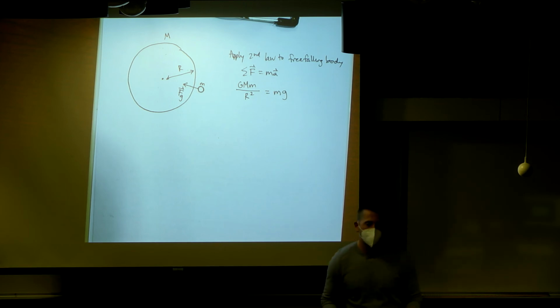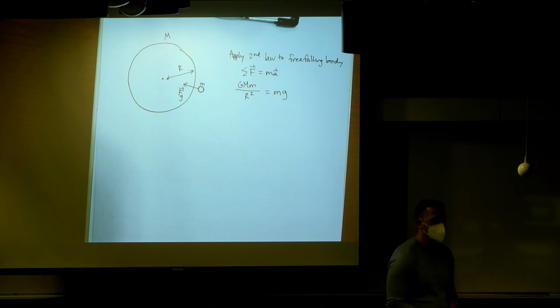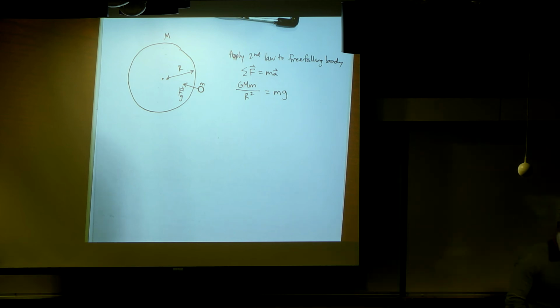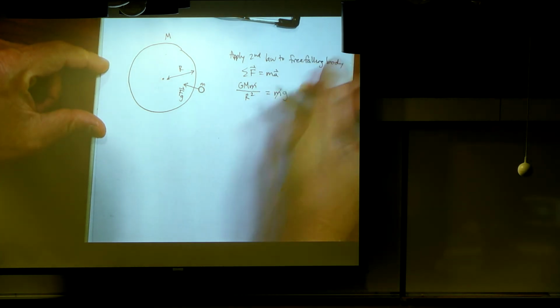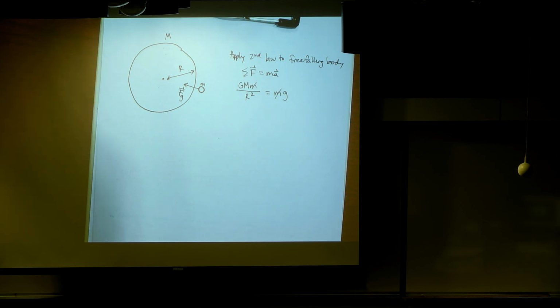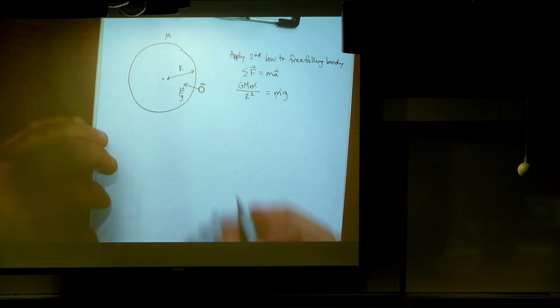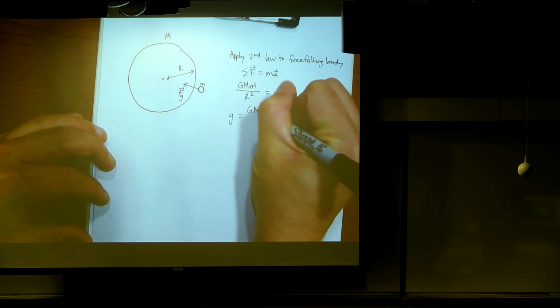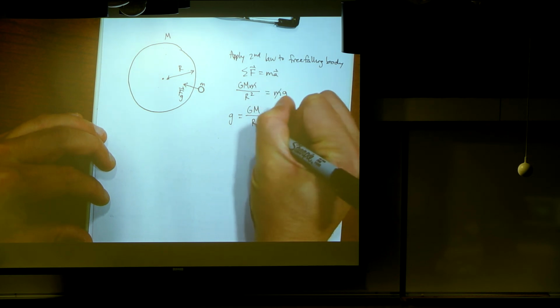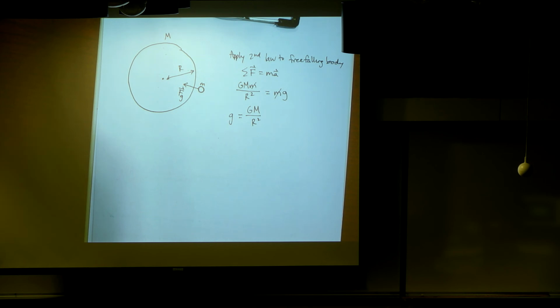Yeah. Free fall is just a situation where gravity is the only force that's at play. And that's certainly the case here, right? So what we can then do is cancel out the mass of our free-falling body, which is the little m. And that means g, lowercase g, is big G, big M divided by big R squared, like this.